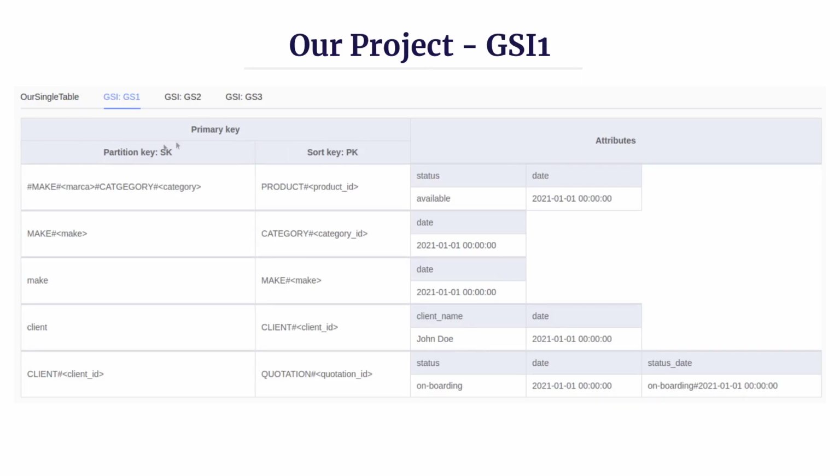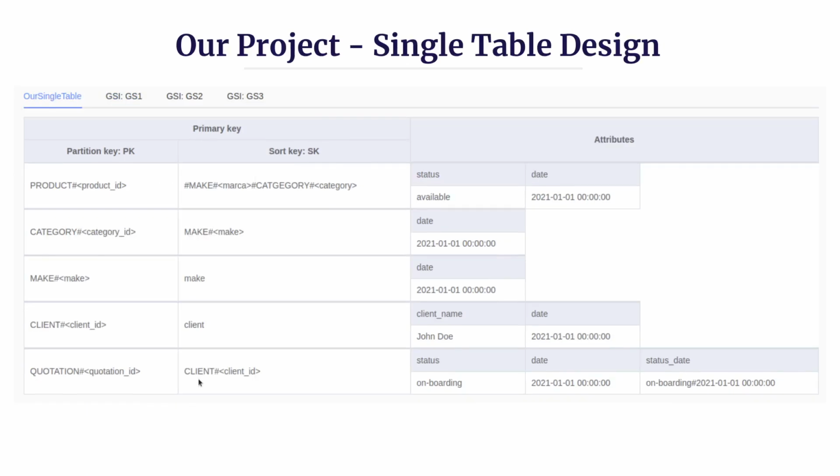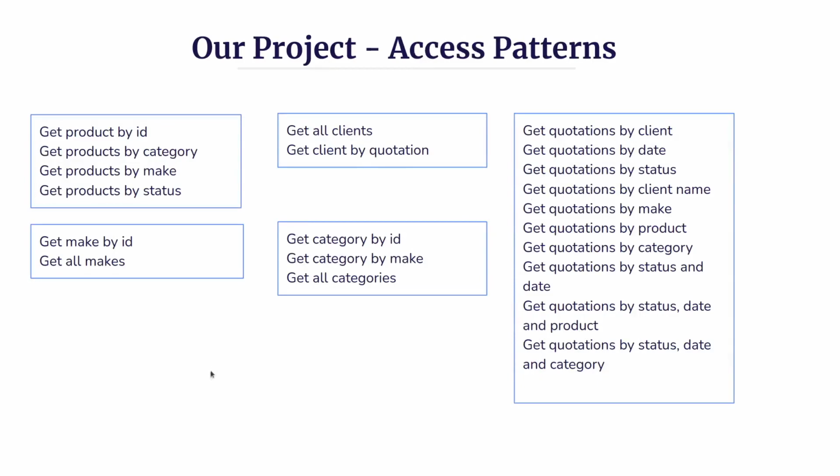Now we have, as you can see here, the global secondary index. The partition key turns to be the sort key, and the sort key turns to be the partition key. So I reverted it. It's a methodology. So here I can get all my makes and, for example, all the clients.